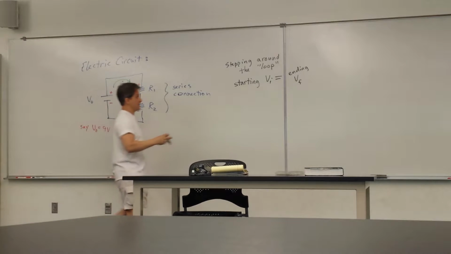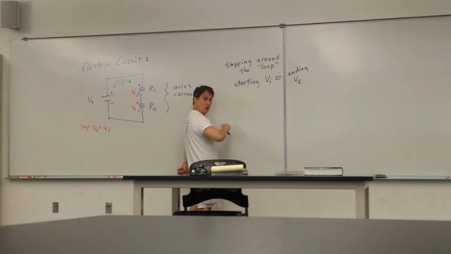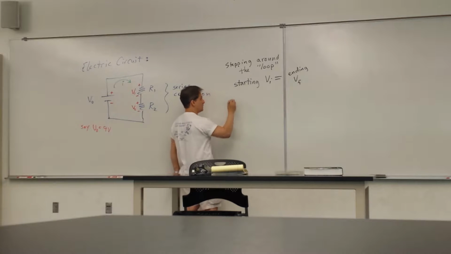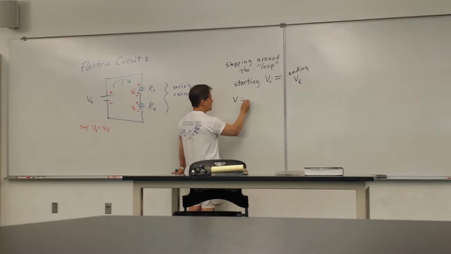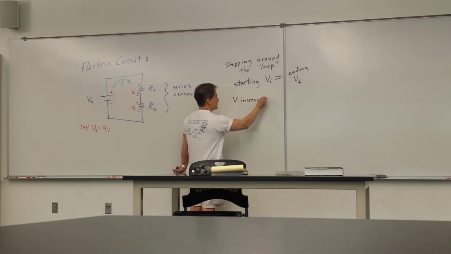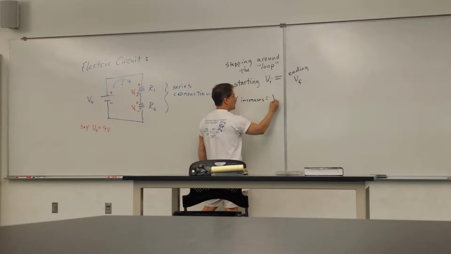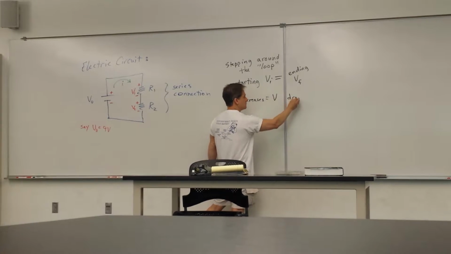Well, the implication of that is that if you add everywhere that the potential difference changes in any way, whether it's rising or falling, it means that all the V increases will equal in magnitude all of the voltage drops.